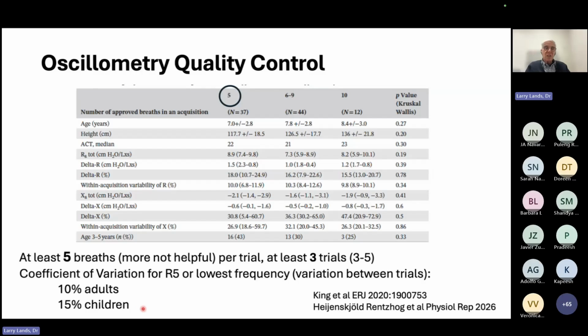The literature suggests 15% as an upper limit. So that's the standard deviation between trials over the mean of the trials. They accept up to 15%, but really most people utilizing oscillometry in the field would prefer a coefficient of variation of 10% for children as well.